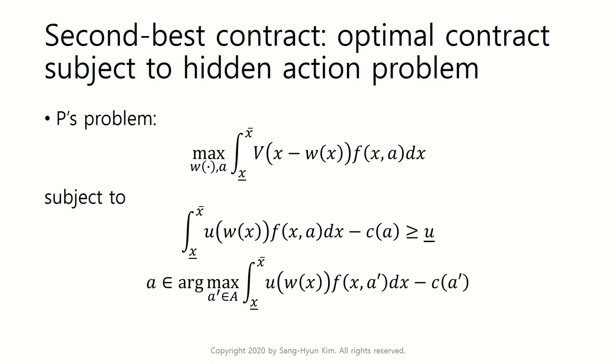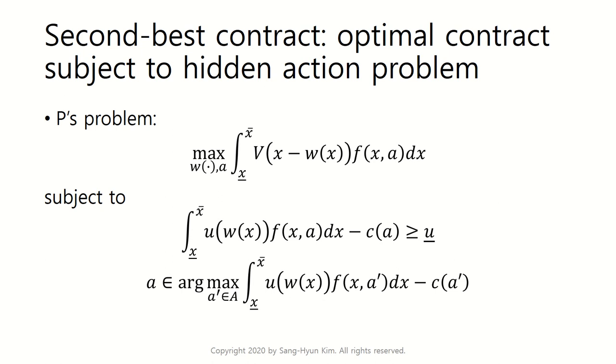But I want you to look at this A prime. So the argument of this maximization problem is A prime. Okay, so A prime appears at the bottom of max, and in the objective function we see A prime.